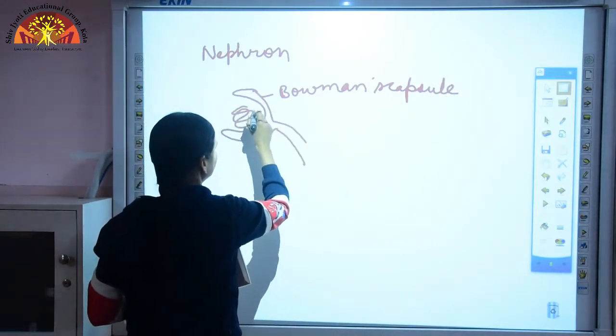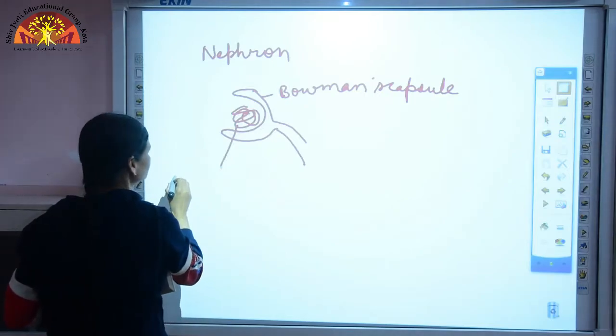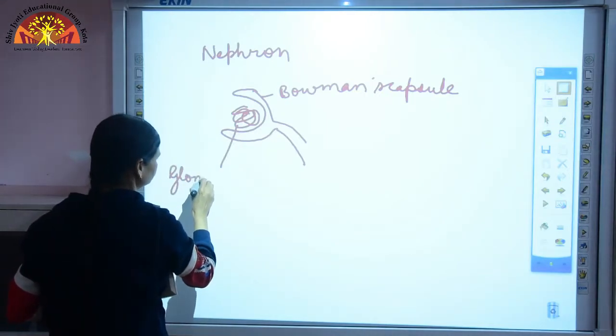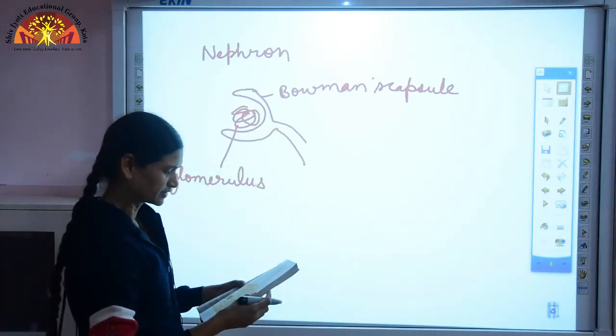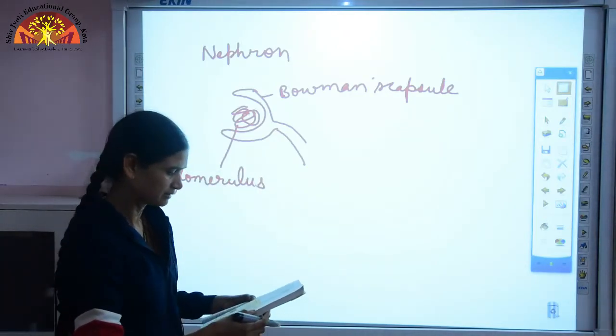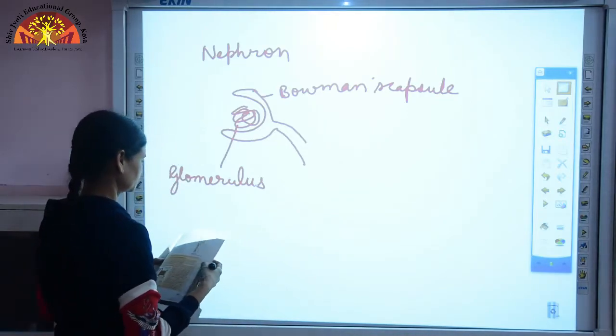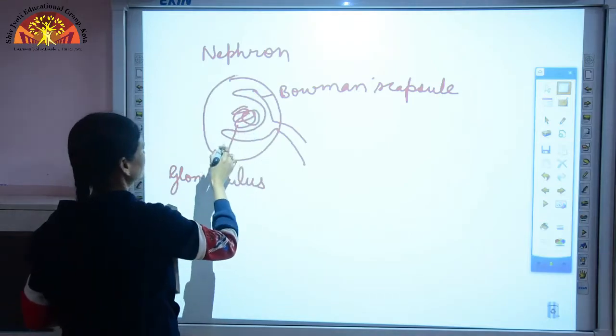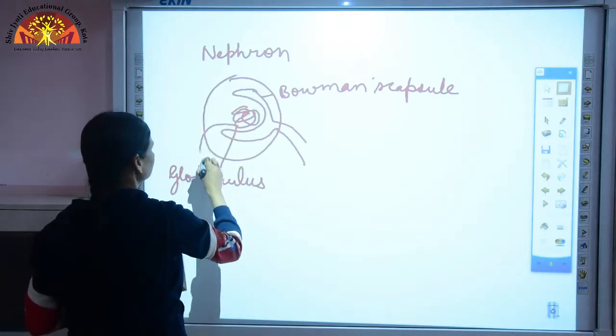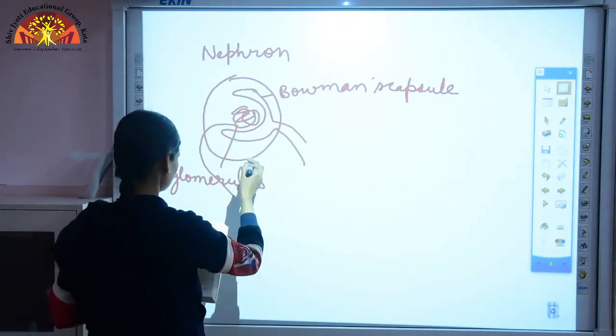Then there is a tuft of capillaries which is known as glomerulus. You can refer to the diagram given on page number 111, 6.14. So this complete structure forms the Bowman's capsule, and renal vein and renal artery are also coming here.